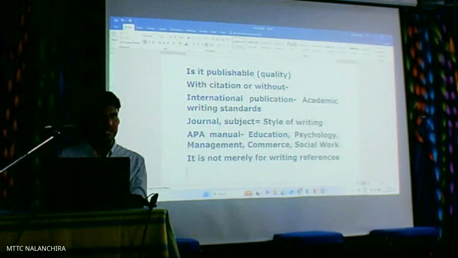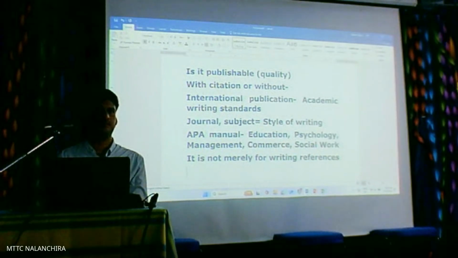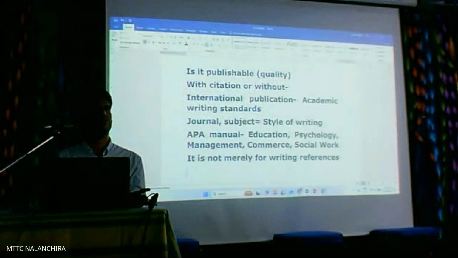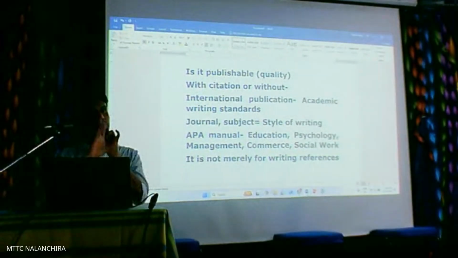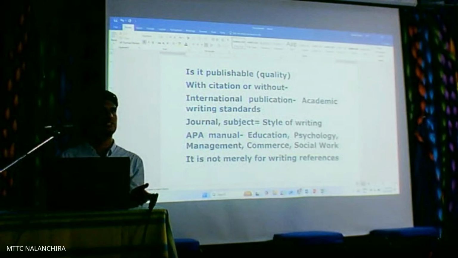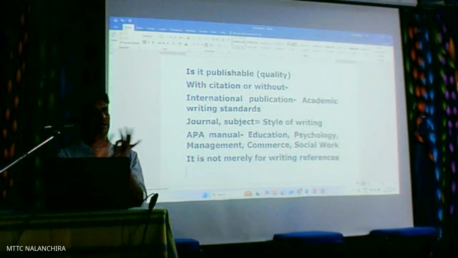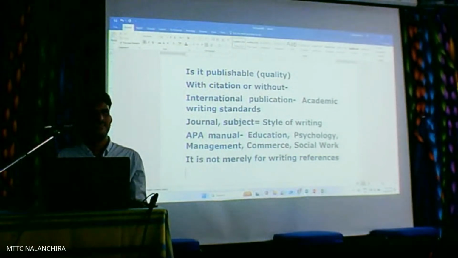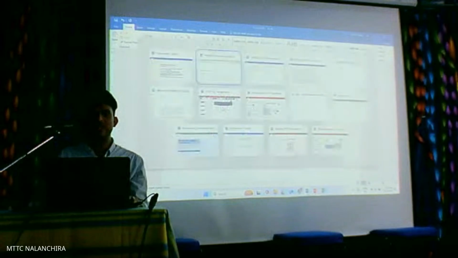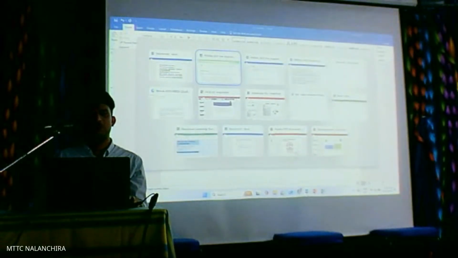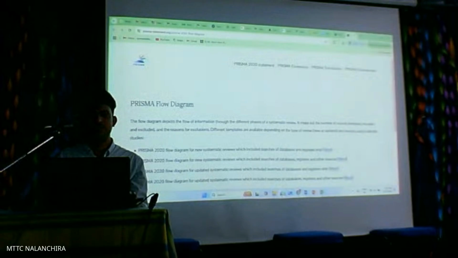If I write anything, I should cite something. But in some Indian journals, people write without a reference. In some theses, even on the first or second page, there is no citation. That is not good. Every sentence you have to cite properly.